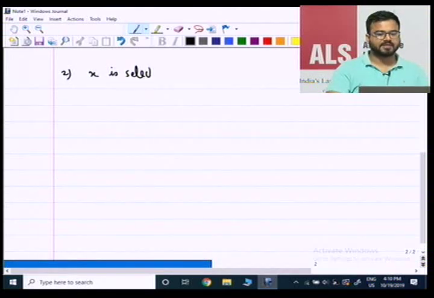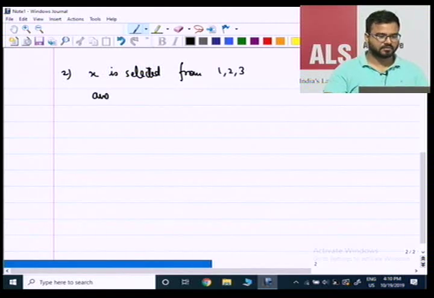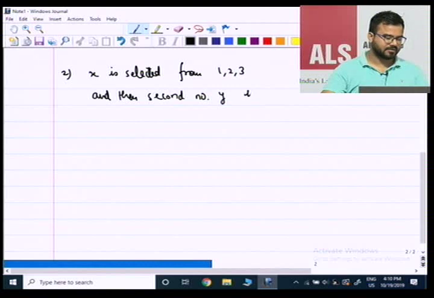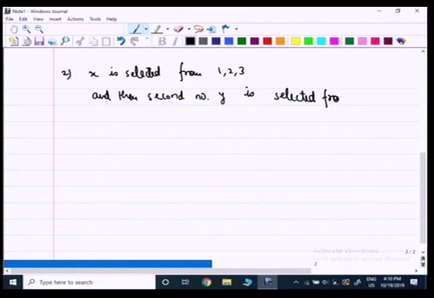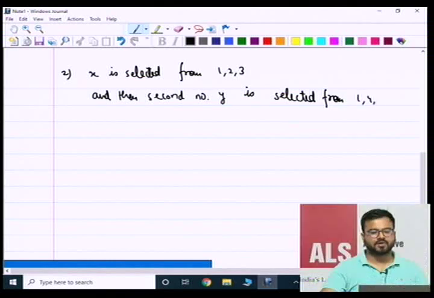It is given x is selected from 1, 2, 3, and then the second number y is selected from 1, 4, 9.